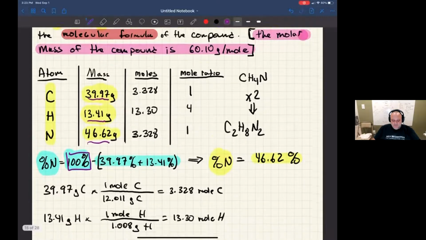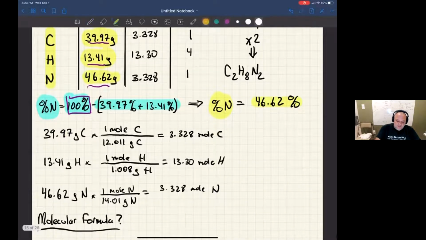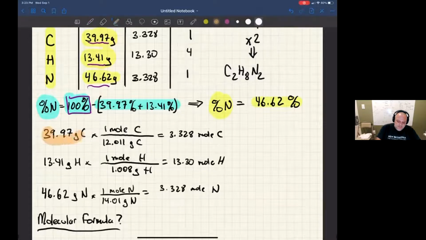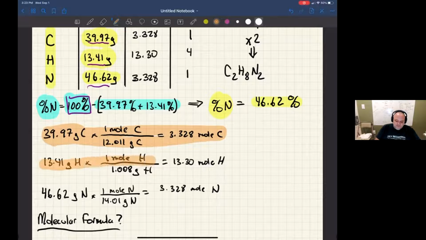Now, just like before, I would take the molar masses and calculate the number of moles that each one of those masses represents. So 39.97 grams of carbon divided by its molar mass, I get 3.328 moles of carbon. 13.41 grams of hydrogen divided by its molar mass, I get 13.30 moles of hydrogen.